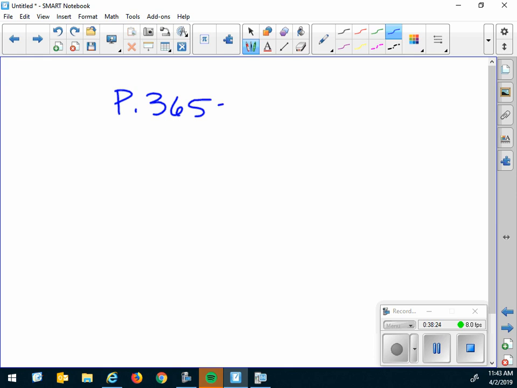Page 365 to 367, 5 through 11 odd. And that is the piece that is one tangent graph, one secant graph, one cotangent graph, and one cosecant. Yeah, it's one of each. You'll just graph and write down the important things. That's all you do on those 4.